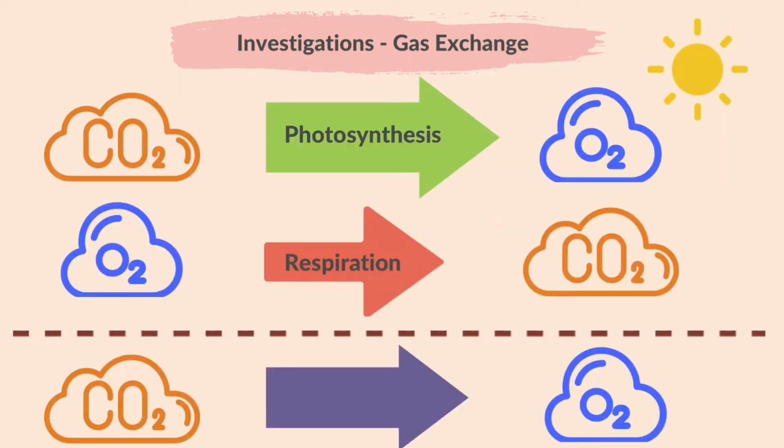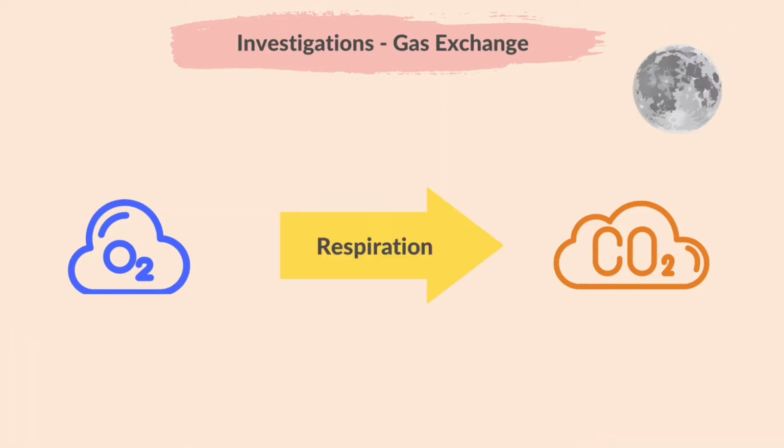So as you can see, during the day, even though both photosynthesis and respiration are happening, there is a net intake of carbon dioxide and a net output of oxygen. And during the night, the plants take in oxygen and give out carbon dioxide.